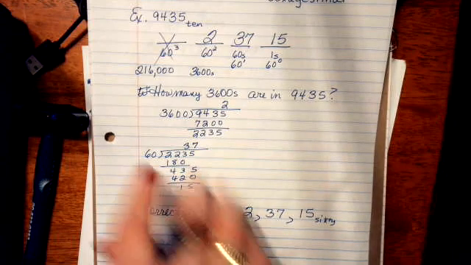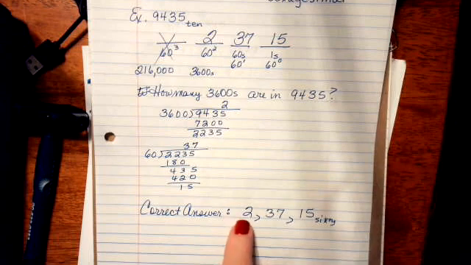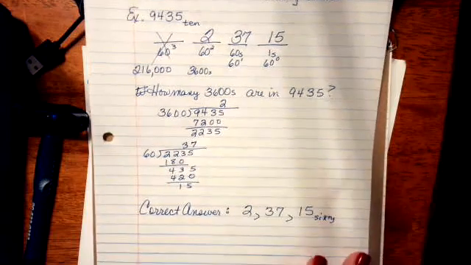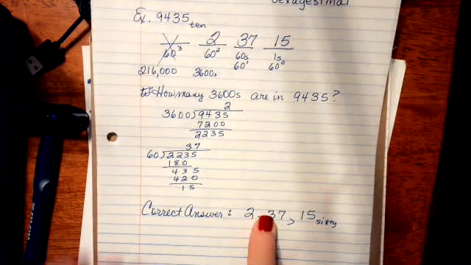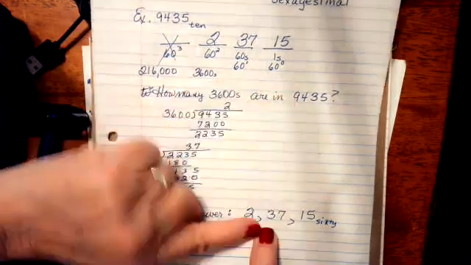So if this were a question on your quiz, you'll have an A, B, C, D, and E, and maybe A looks like 2 comma 37 comma 15, and B looks like 37 comma 2 comma 15, and C looks like 15 comma 2 comma 37. You know, all different kinds of things in there. Okay, so again, you've got another problem here.